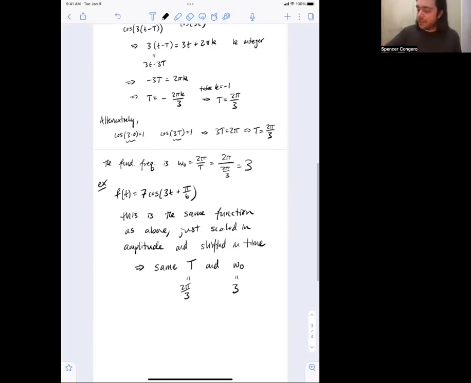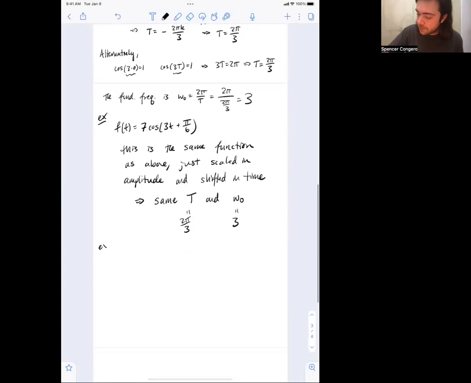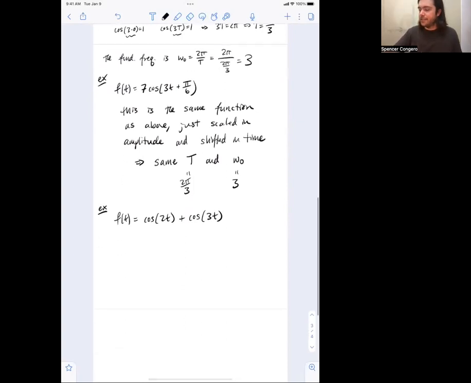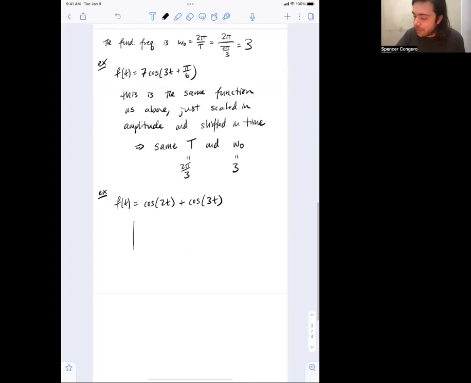Now let's look at the sum of two cosines. Let's say our function now is cosine of 2t plus cosine of 3t. How can we think about this? Well, let's plot a period of each of them. Let's say this is cosine of 2t.